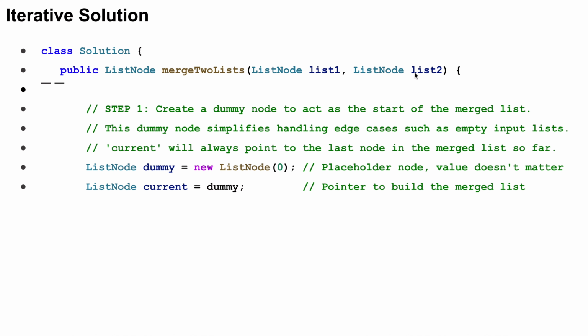So there will be a current node, which we will point directly to the dummy. When we do dummy.next, we will return it. Current will keep changing, and for that, to build a merged list, we have a very important pointer called the current node.